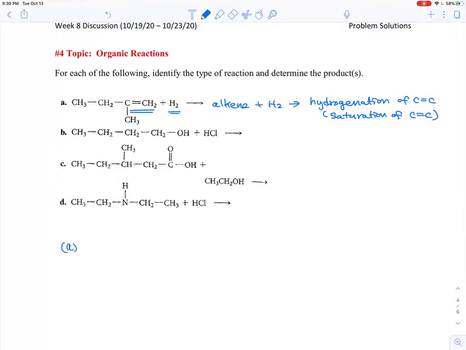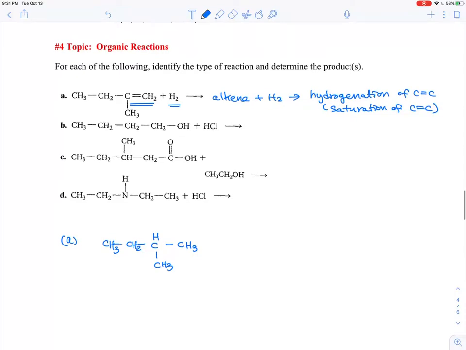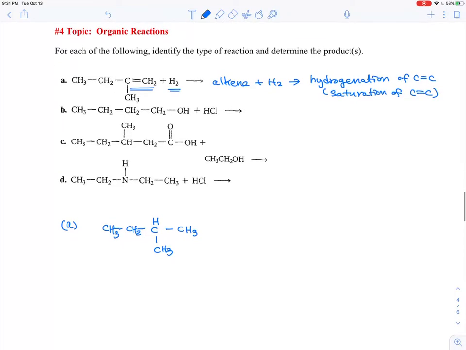So we can see that 1, 2, 3, 4, and then this is a carbon here, and all the bonds are saturated, so now CH, and this is an H, and CH3, CH2, CH3. Okay, so this is the final product as a result of the hydrogenation reaction.